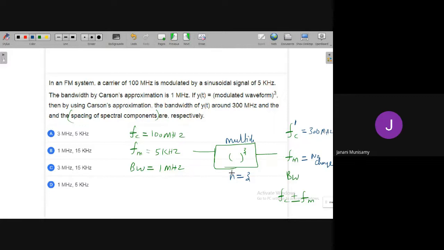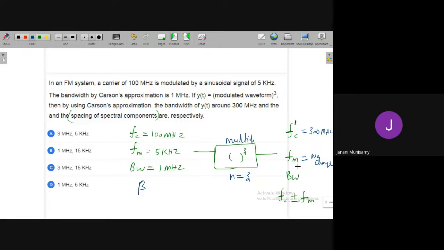Then the bandwidth, they are also asking about beta, the modulation index beta. What will happen to beta? Beta will become n beta, 3 times.